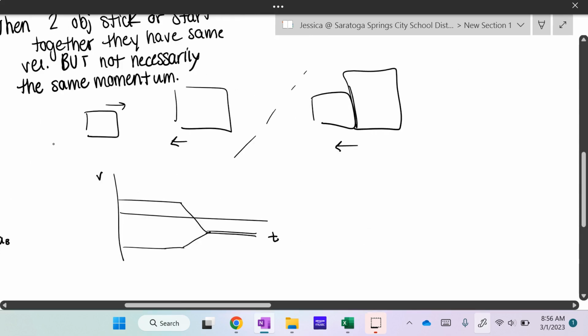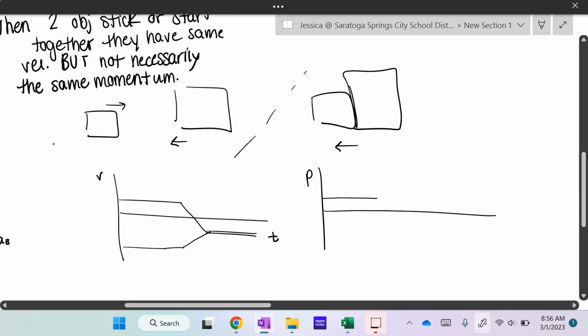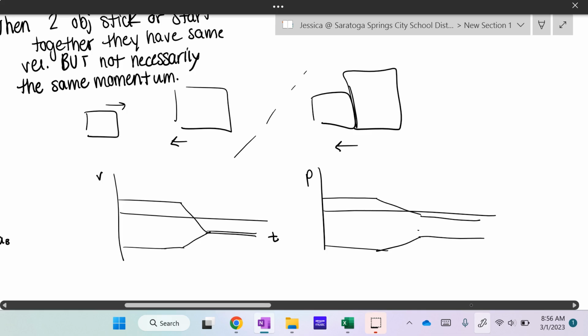But my momentum versus time graph would, let's see, this would be here. This would be that, oops. And then this might be like here. This one might be like here, right? They're not going to have the same momentum after, right?